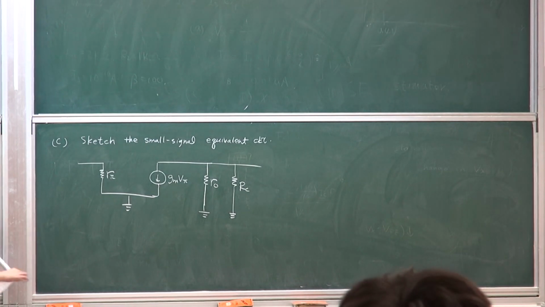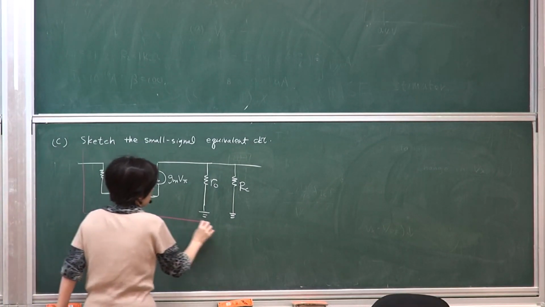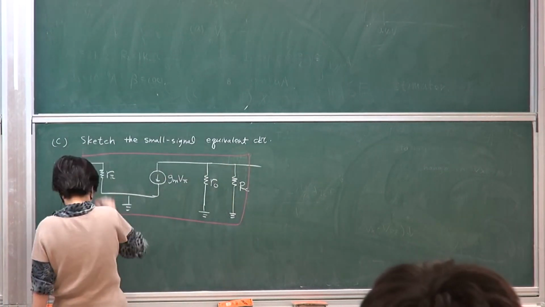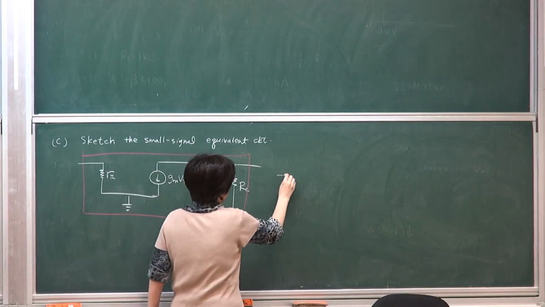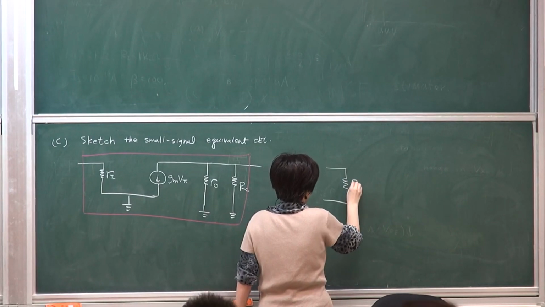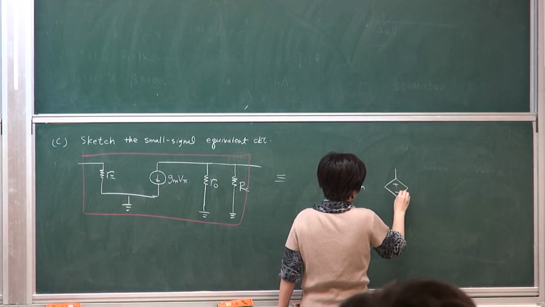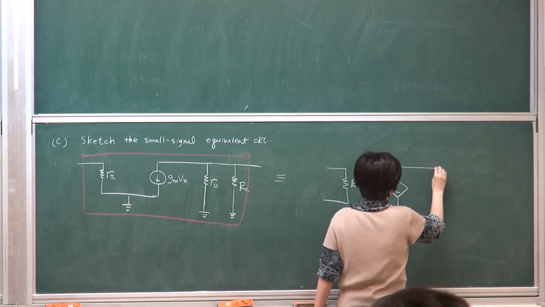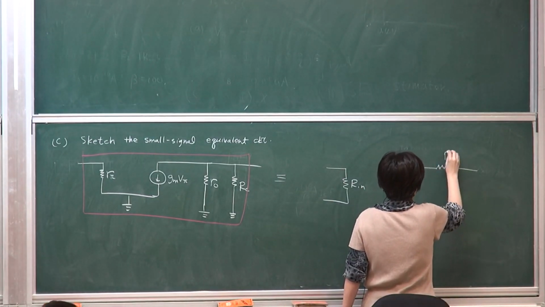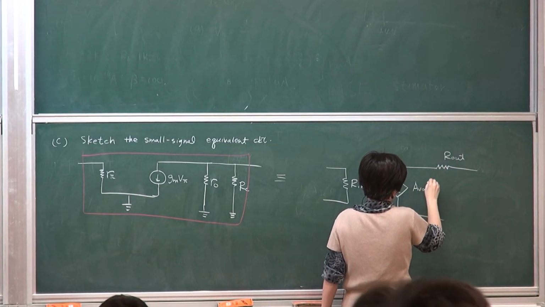So then, you should be able to turn this whole thing into an equivalent model, a two-port model with Rin, as I said. If we're assuming it's a voltage amplifier, Rout, AVO.